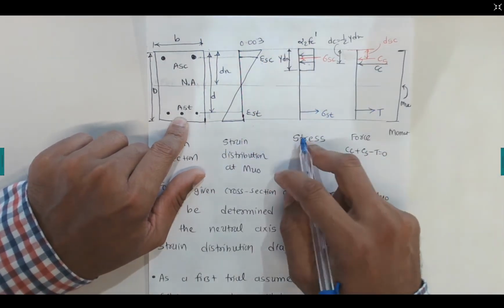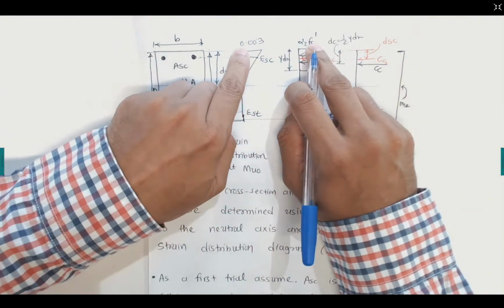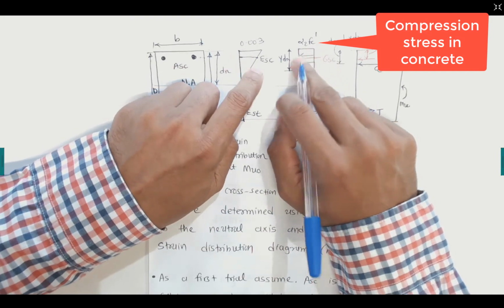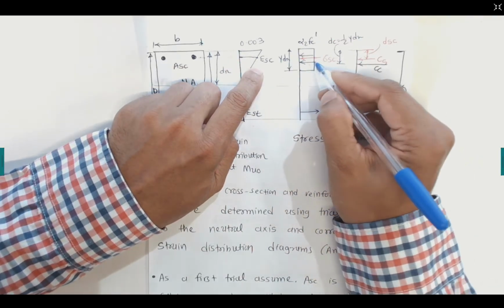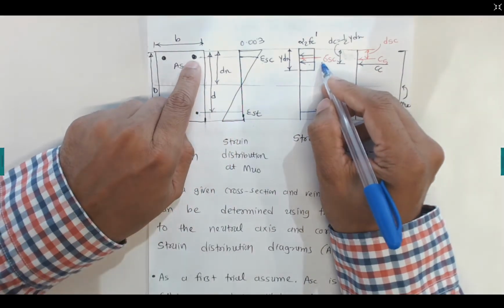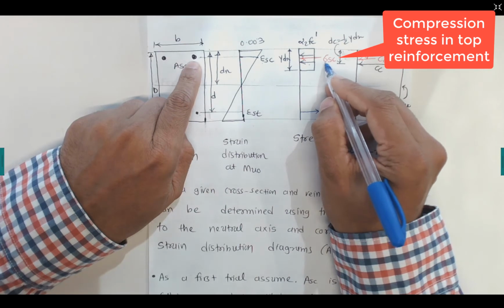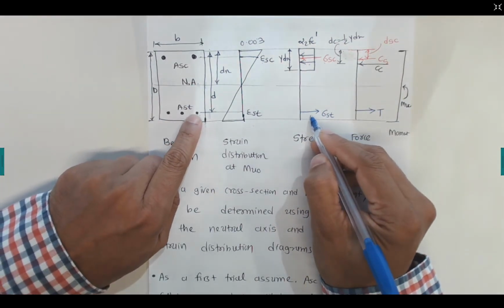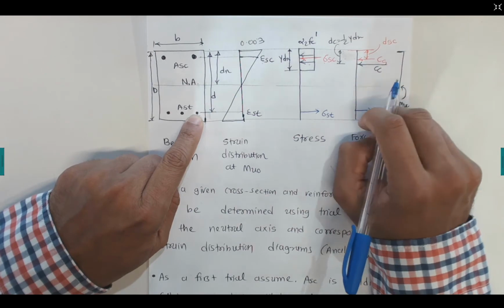Then in the stress distribution, respectively, we have three forces. Compression force in the concrete, alpha 2 fc dash. This is the equivalent stress block, so the depth is gamma dn. And we have a compression force in the top reinforcement, represented by sigma sc, and we have tensile stress in the bottom reinforcement. Correspondingly we have three forces.